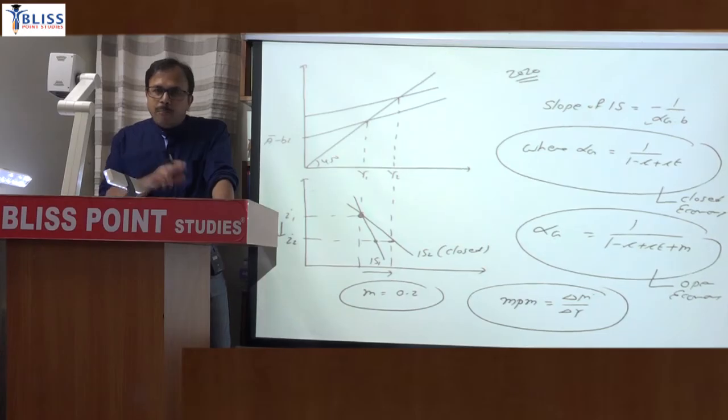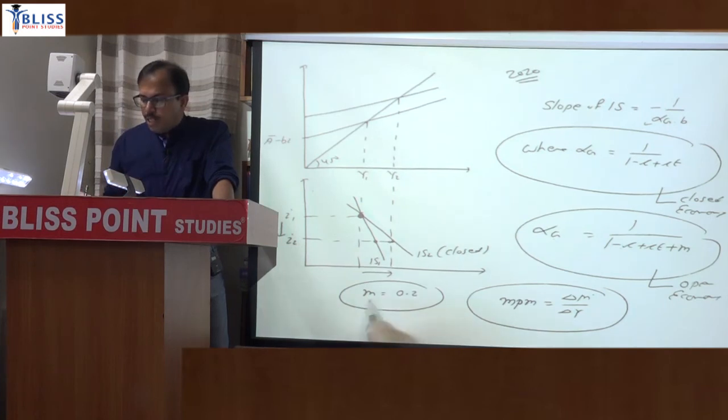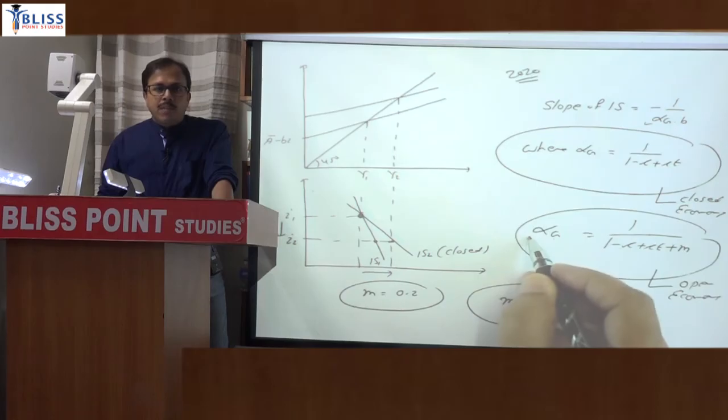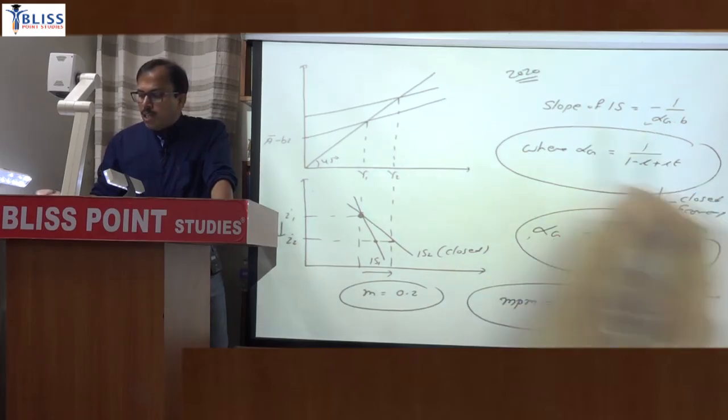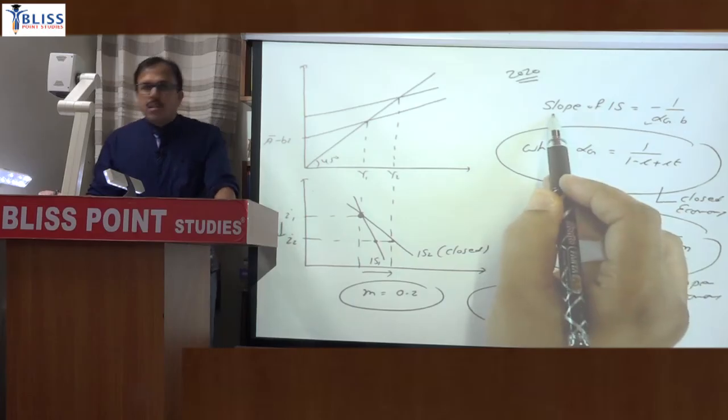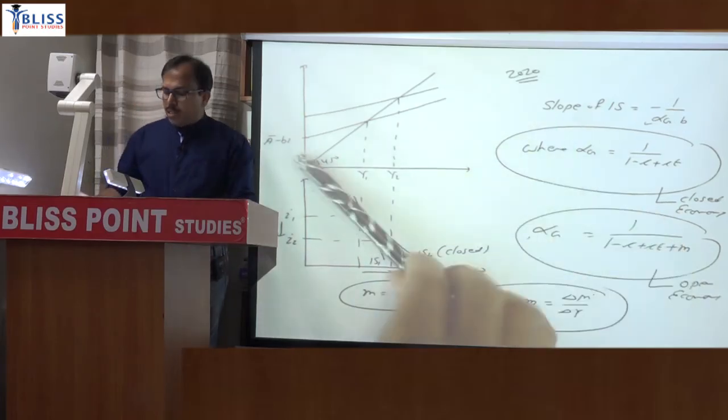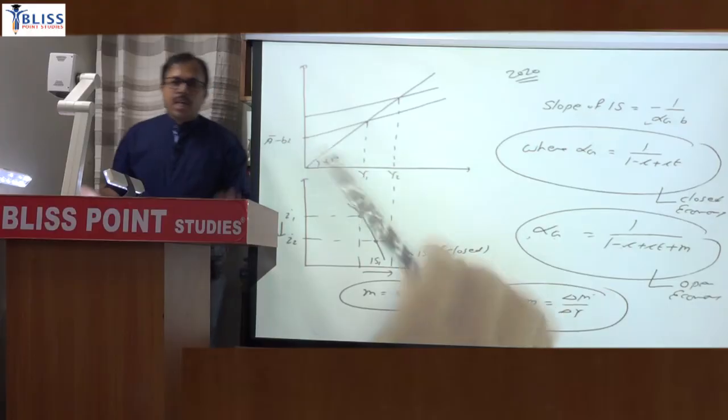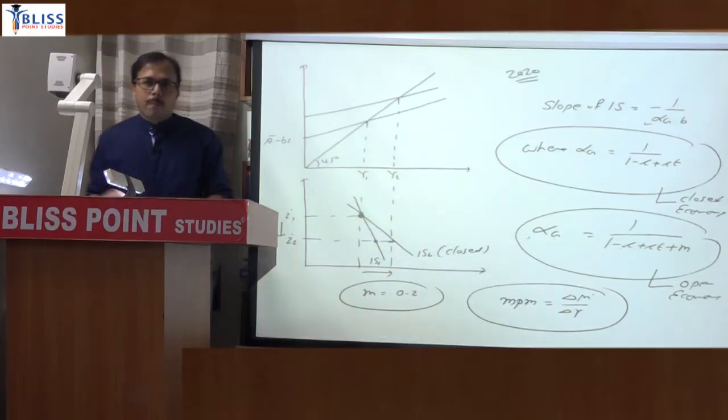So through that campaign of buy local, local is best, if the government has successfully persuaded people to buy locally, then the value of marginal propensity to import will reduce, the value of multiplier will increase, and the slope of the IS curve will reduce, which means the IS curve will get flatter, and there will be more change in income.